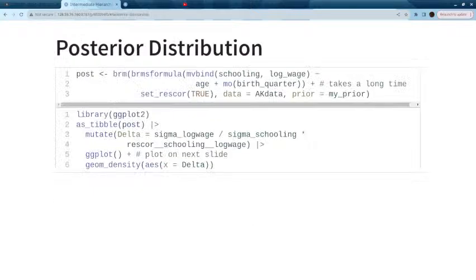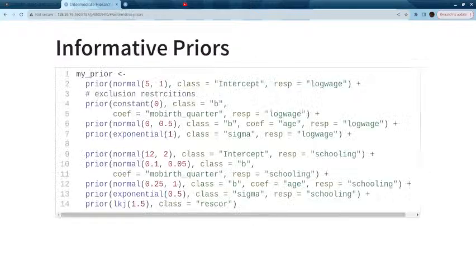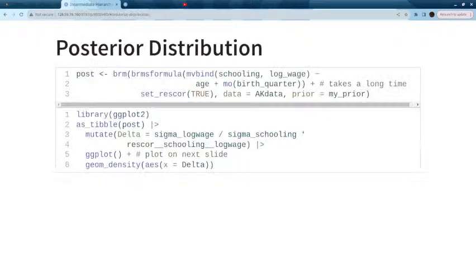And then we could do that and get the posterior distribution. It takes a while, but it's not difficult to specify.